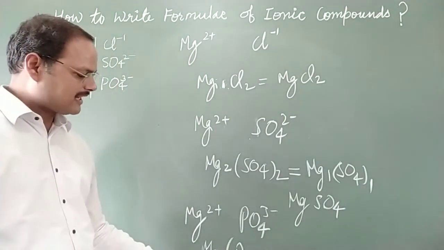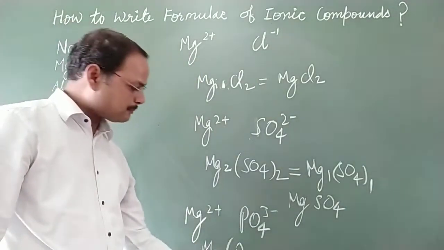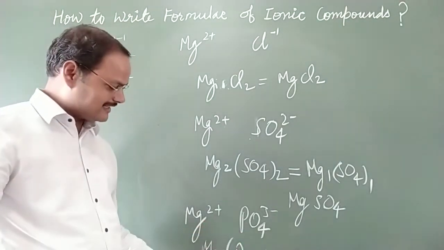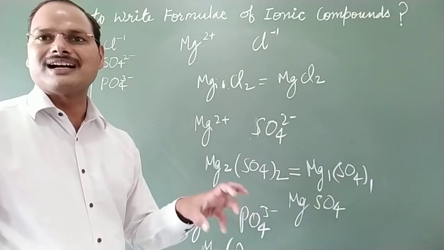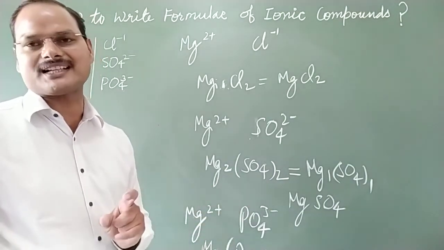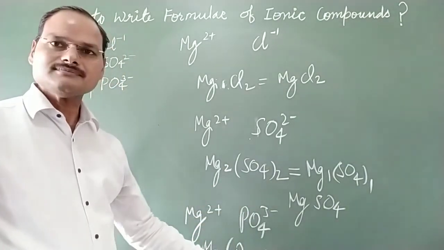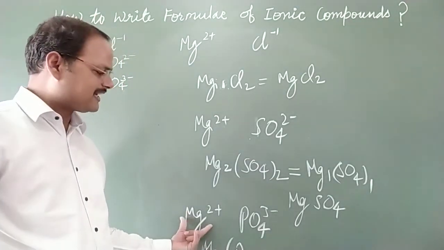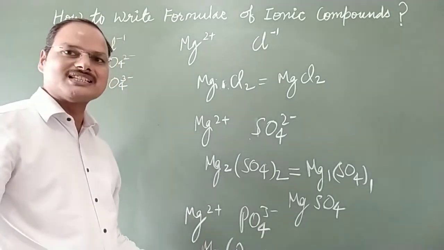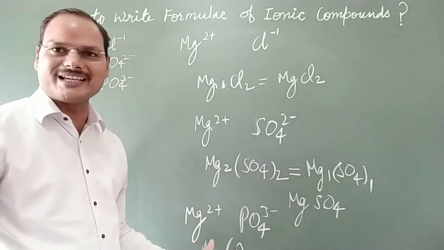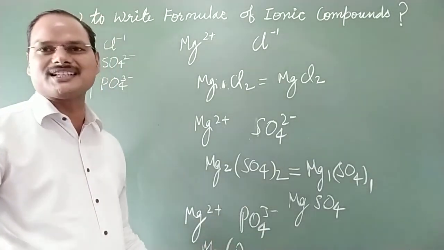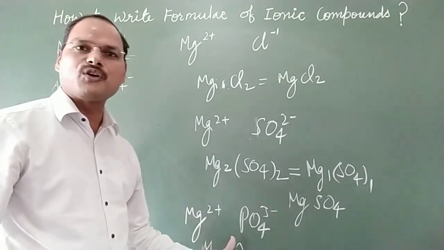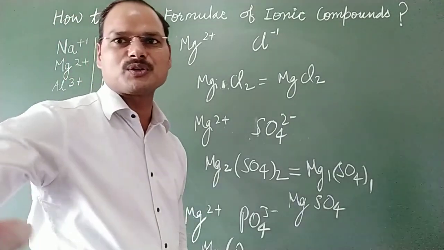It means the formula will be Mg3(PO4)2. Why? Because these 3 and 2 values are not divisible by any common factor, and that's why it is a simple ratio, and the formula formed by magnesium and phosphate will be Mg3(PO4)2. And what will be the name of this compound? Simply by joining the names of these radicals, we get the name of this compound, that is magnesium phosphate.